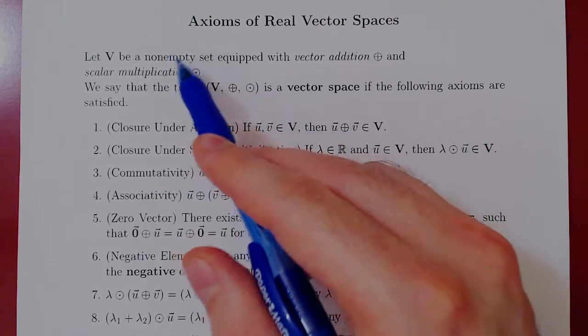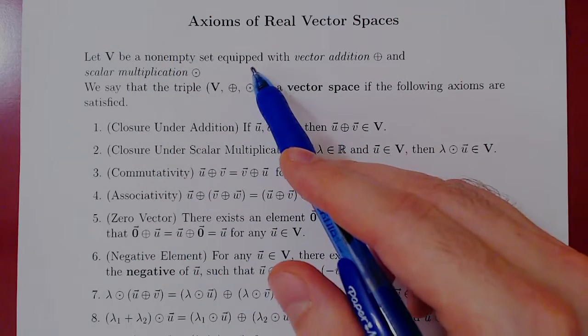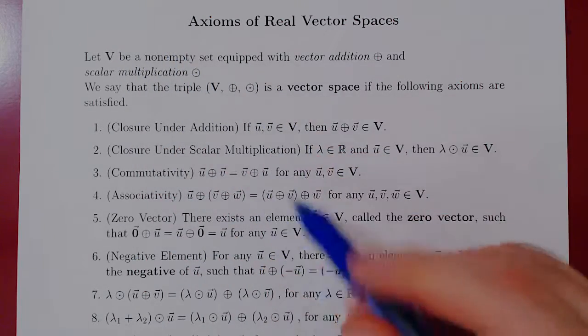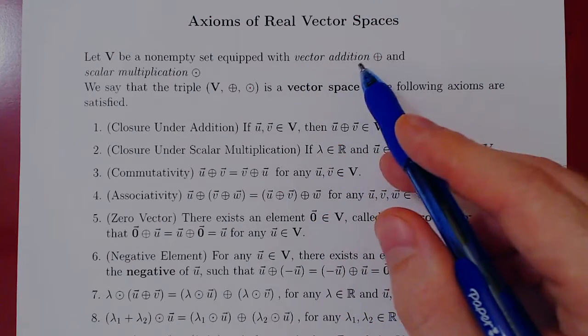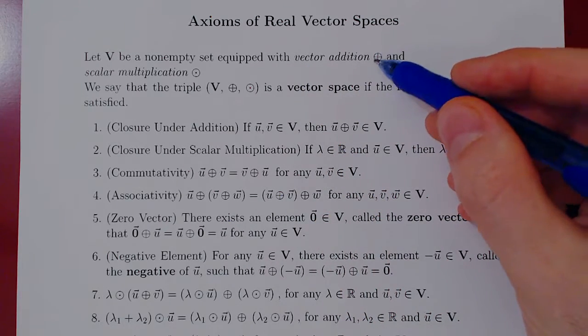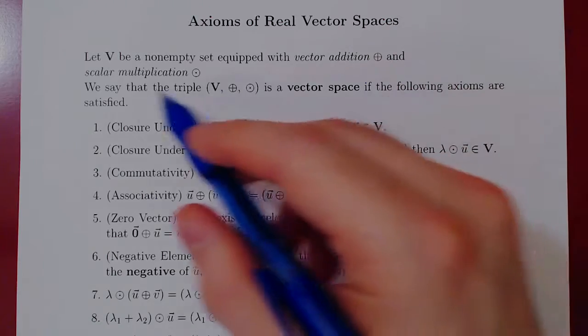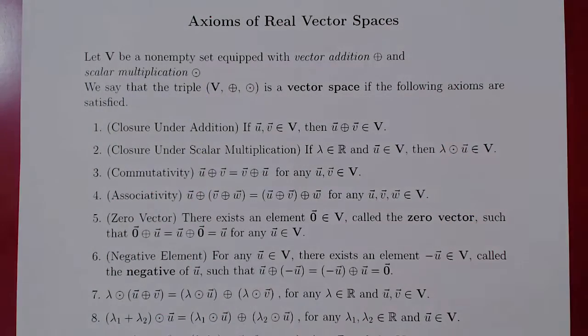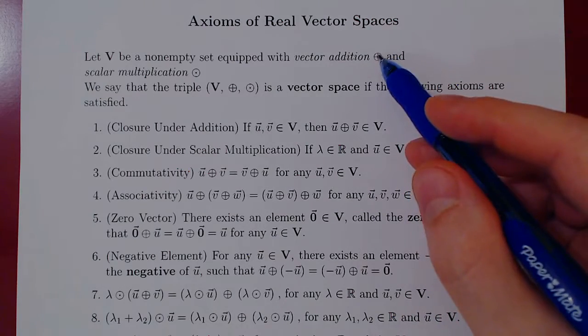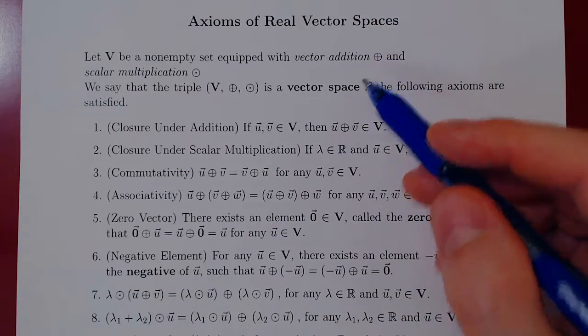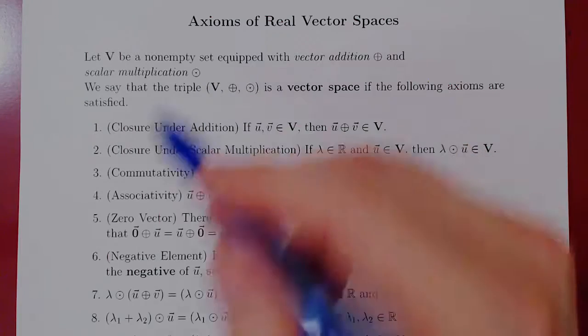So we have at least one element in V. And it's a set equipped with two operations. There is vector addition. And if you notice here, I have a plus but circled, and scalar multiplication, so being able to multiply our elements by real numbers. And you may ask, well, why do I circle the plus and the times?